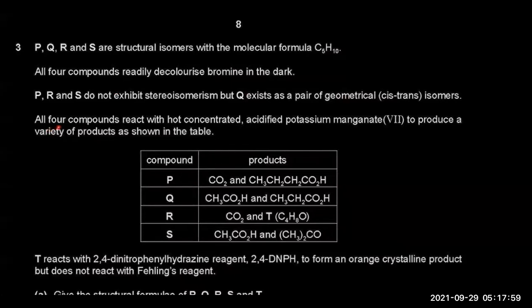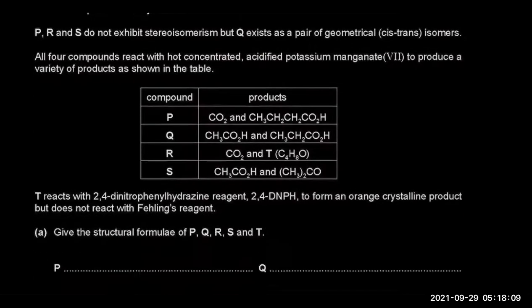All four compounds react with hot concentrated potassium manganate to produce a variety of products shown. T reacts with 2,4-DNPH to form an orange crystalline product, but does not react with Fehling's reagent. Give the formula of P, Q, R, S, and T.